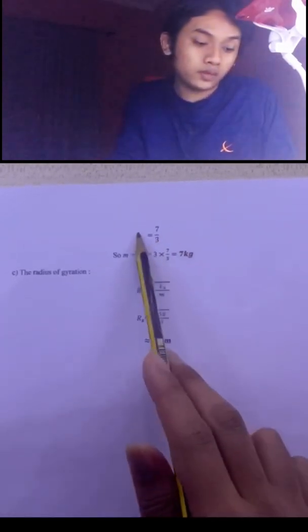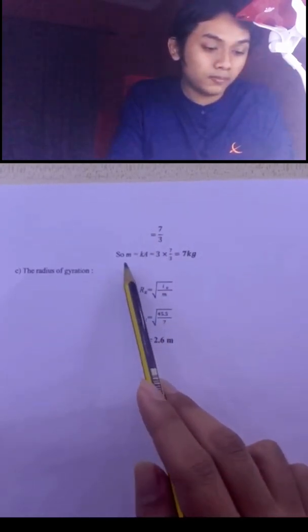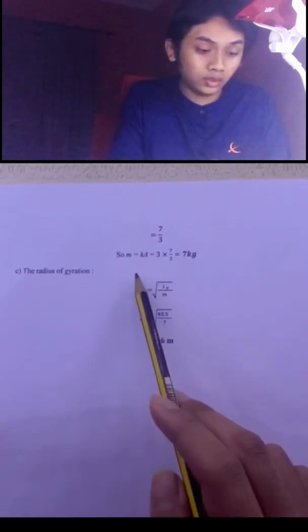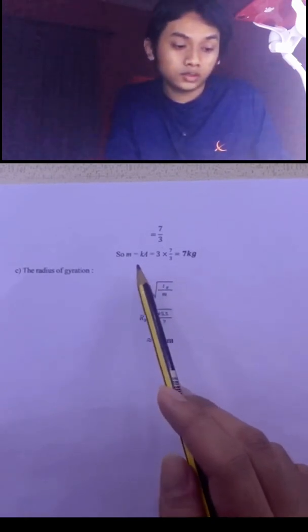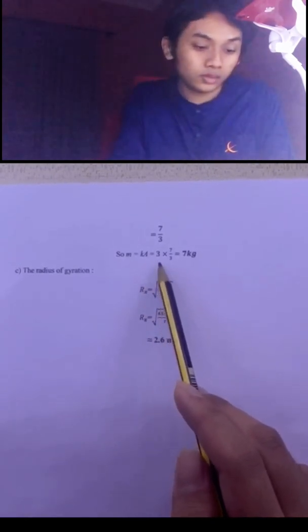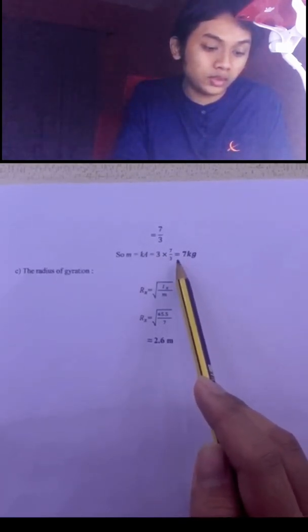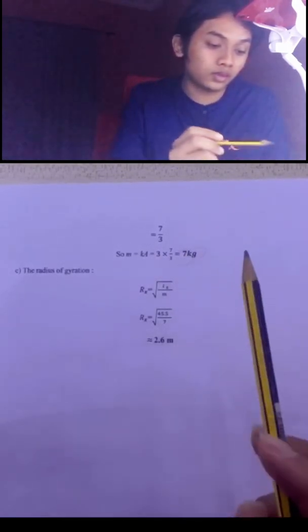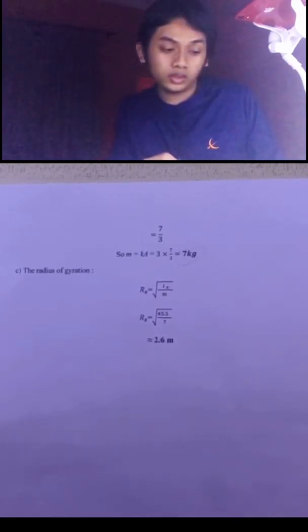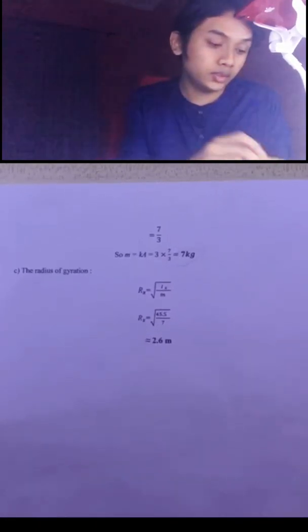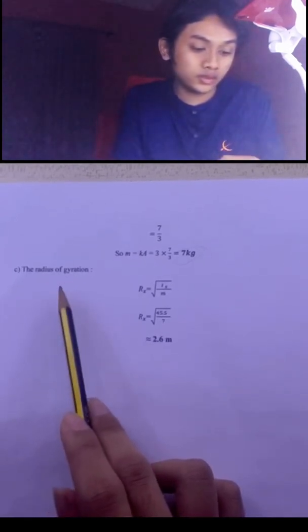So from this value, m is equal to k multiplied by area. So 3 multiplied by area, which is 7 over 3, and we get 7 kilogram. And for the last one that we need to do is to find the radius of gyration.